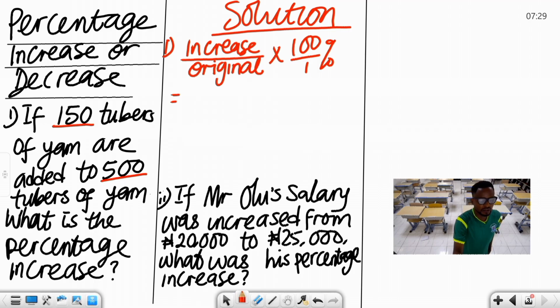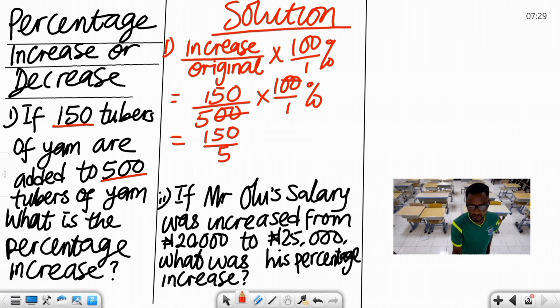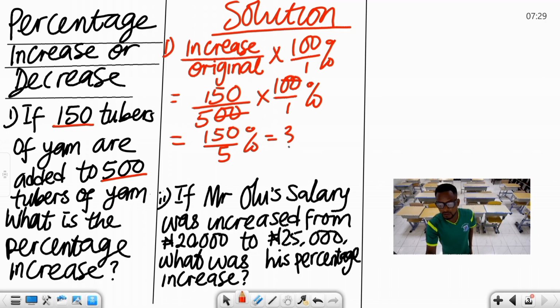So the increase in this case is 150, the original is 500. 150 over 500 multiplied by 100 over 1%. 2 zeros there, we cancel 2 zeros here. We are left with 150 divided by 5. Put your percentage sign. 15 divided by 5 is 3. So that means the answer is 30% because 0 divided by 5 is 0.